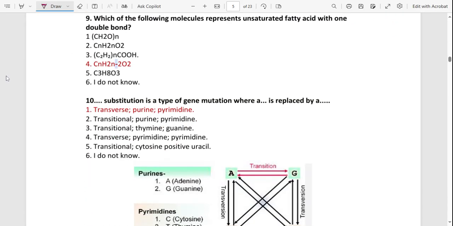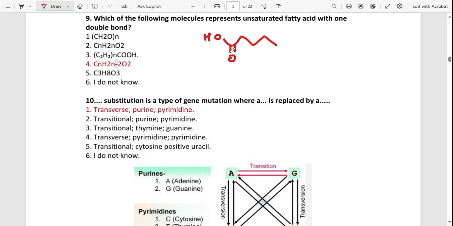Next question is saying, which of the following molecules represents unsaturated fatty acids with one double bond? So unsaturated fatty acids. First, a fatty acid looks like this. And then you have got a double bond with oxygen, and then you have got OH. So you can see this fatty acid doesn't have any double bond, meaning that this is a saturated fatty acid.